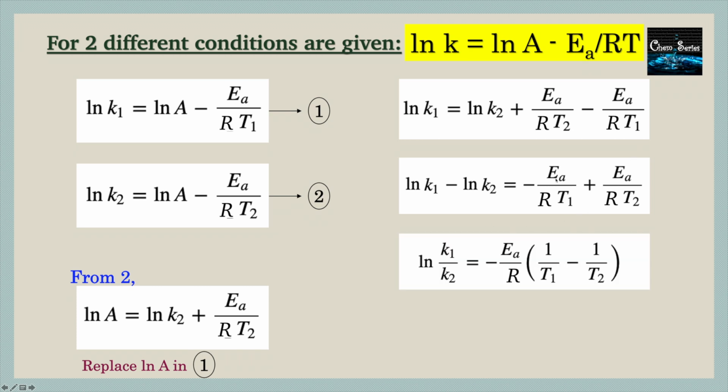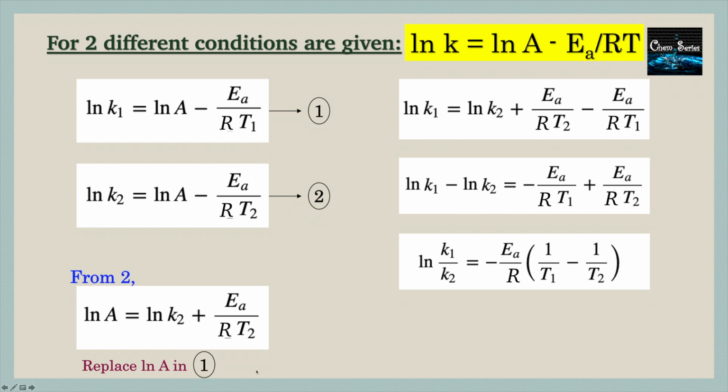Now take minus EA by R as a common factor. And you know that ln A minus ln B is equal to ln A by B. So ln K1 minus ln K2 becomes ln K1 by K2, equal to minus EA by R as a common factor. Inside the bracket you have 1 by T1 minus 1 by T2.